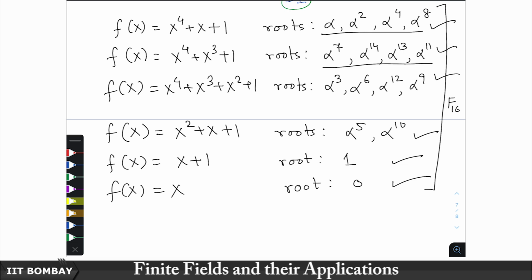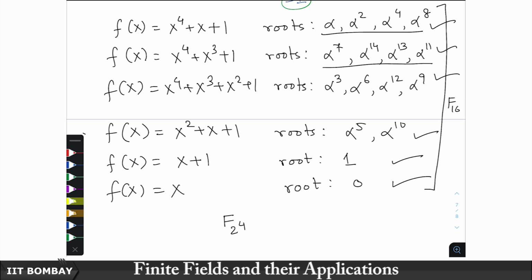Why is it happening like this? It is because F16 is F2 power 4. All the factors of 4 will be the degrees of the minimal polynomials. So the factors of 4 are 4, 2 and 1, those will be the degrees, and those polynomials will have roots in subfields of F2 power 4.